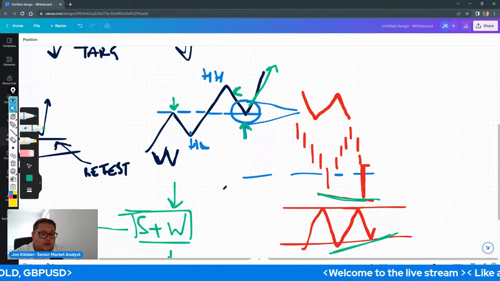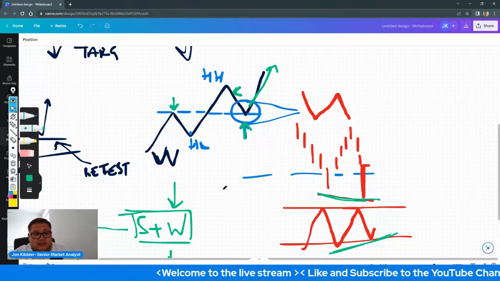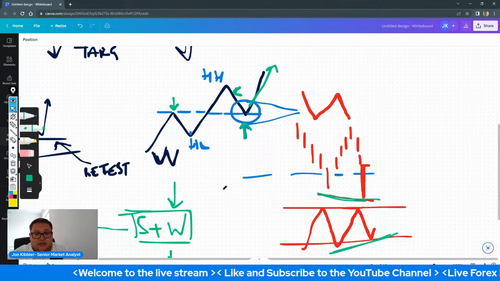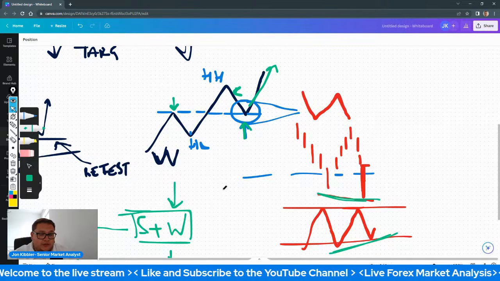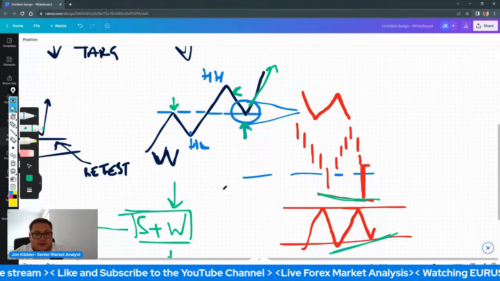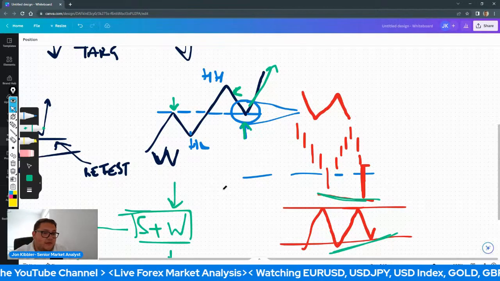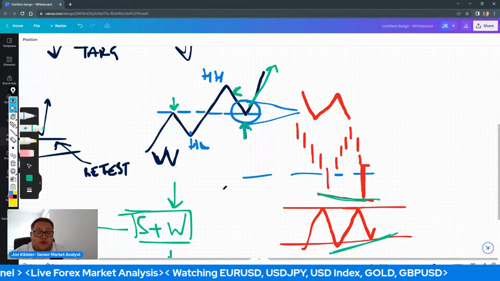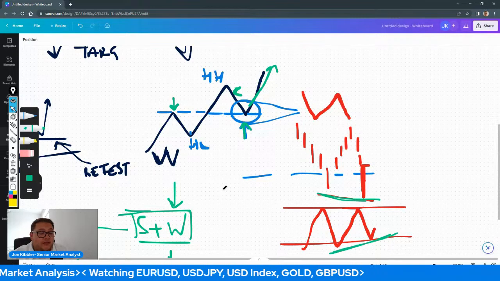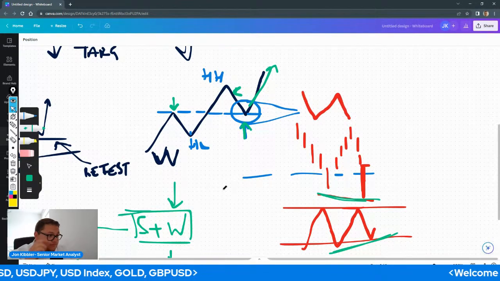The one thing that you can control, okay, is how you enter, your risk, and how you exit the market. The market is going to do whatever the market's going to do, but the only three things you can control is how you enter, how you exit, and how much you risk on that particular market. And how much you risk is probably the biggest thing that's going to keep you in the game or not.